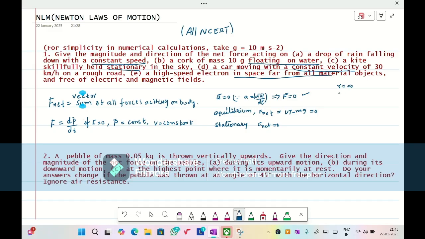So the gravitational force between this electron and the material objects is 0. There is no force acting on this electron because it is far from the materials, R equal to infinity according to the gravitational force formula.